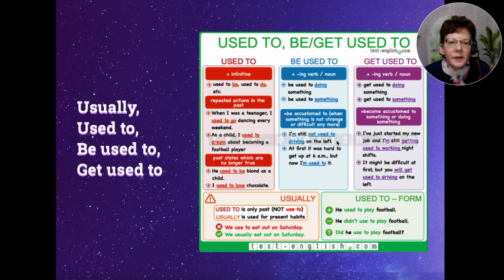All right. So then we have get used to. This is used with an ing verb or noun also. So we can get used to doing something or get used to something. So kind of like this. This means to become accustomed to something or doing something.